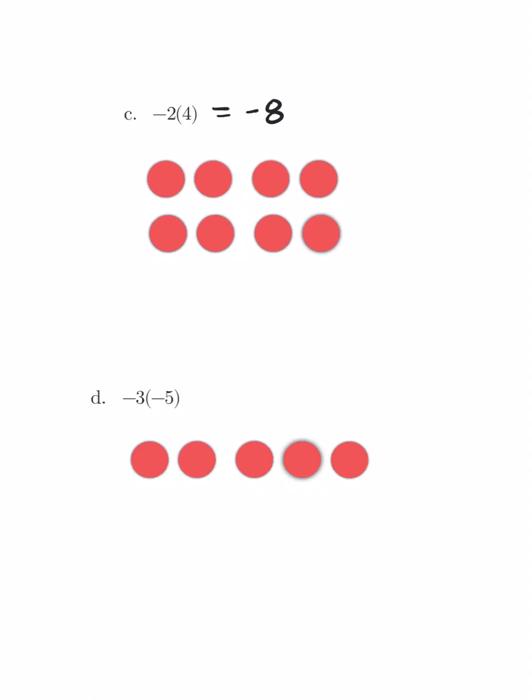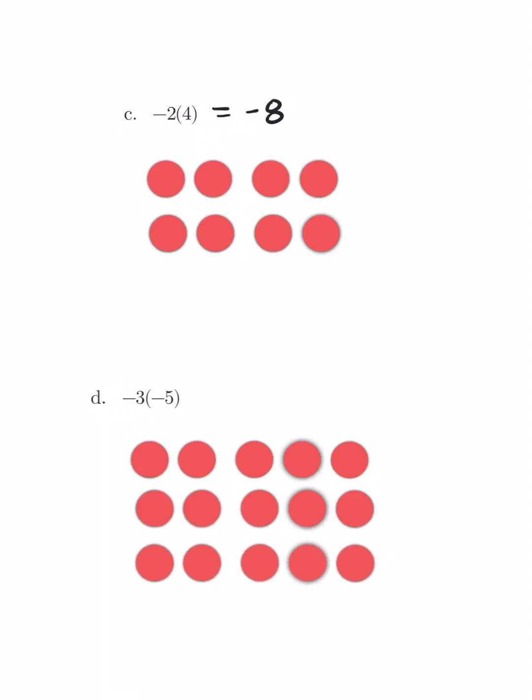All right, and our last example, we have negative 3 times negative 5. The first thing we want to do is, again, ignore the negative in the front. I want 3 sets of negative 5, or 3 sets of 5 red chips. So we're going to start with that. Now we want to take care of our negative.